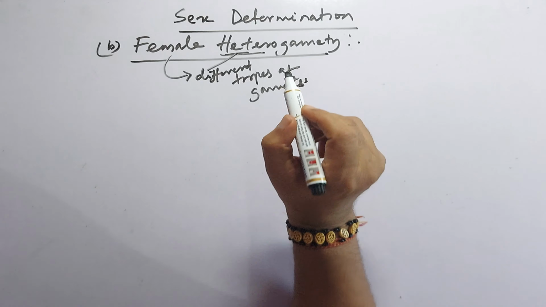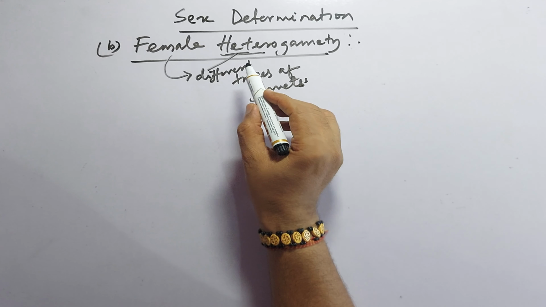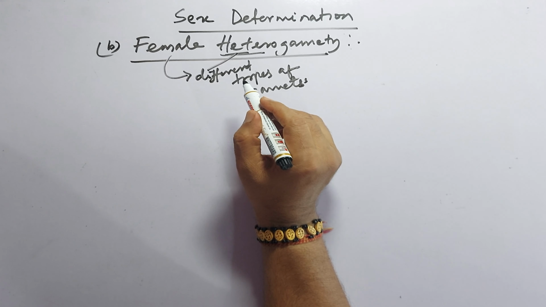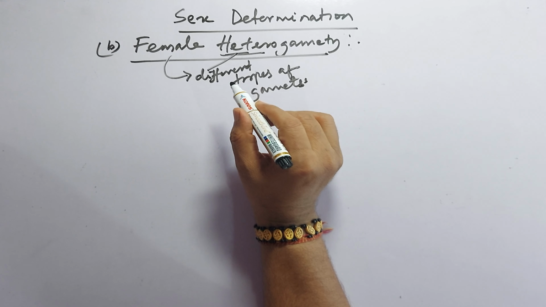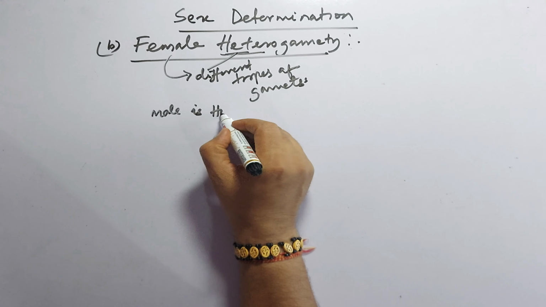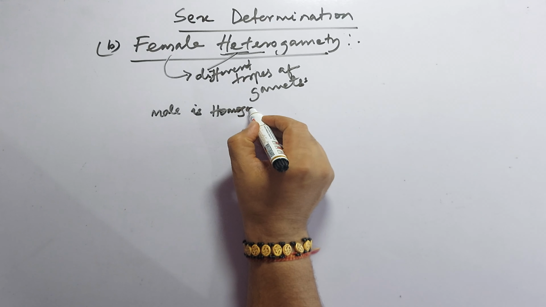But in the previous class we discussed that the female was homogamity and the male was heterogamity, and here female is heterogamity and male is homogamity.